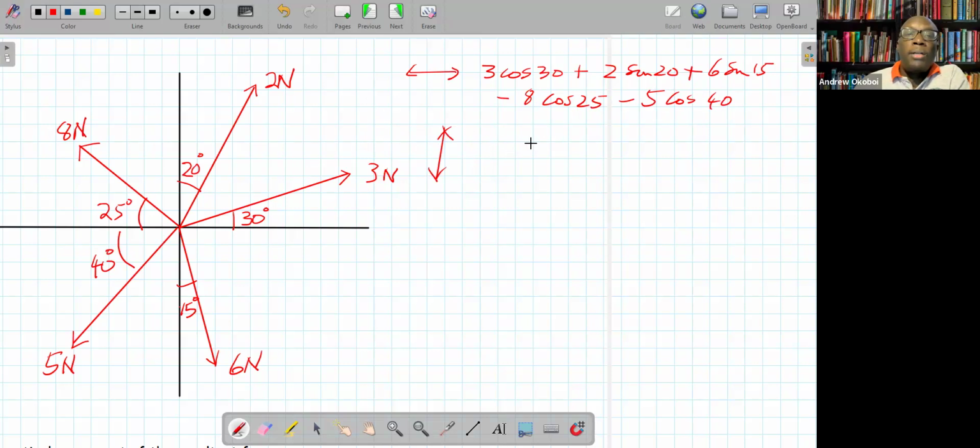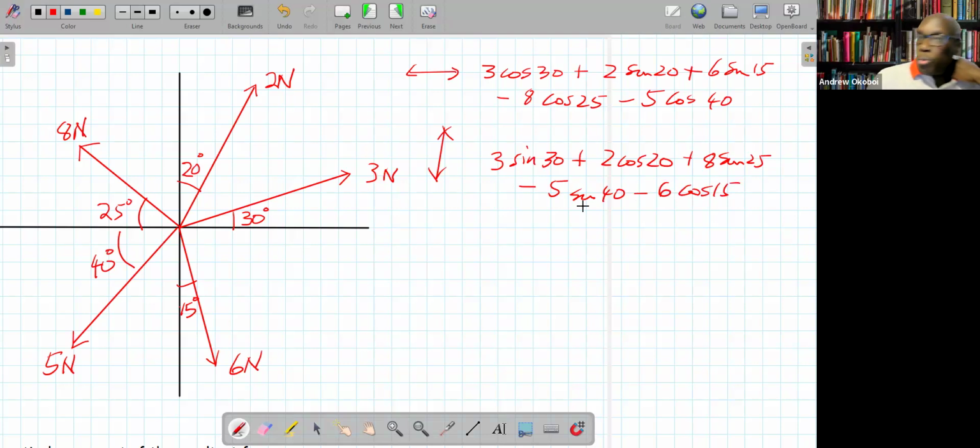So the vertical one, I'm going to say 3 sine 30 plus 2 cos 20 plus 8 sine 25 minus 5 sine 40 minus 6 cos 15.